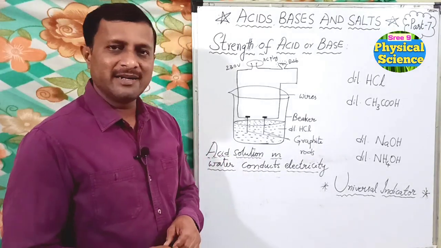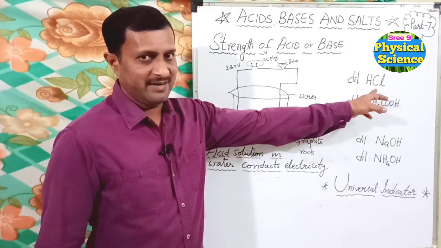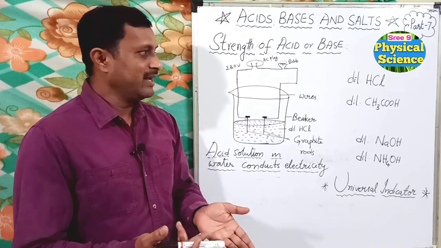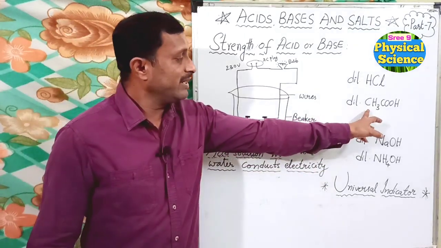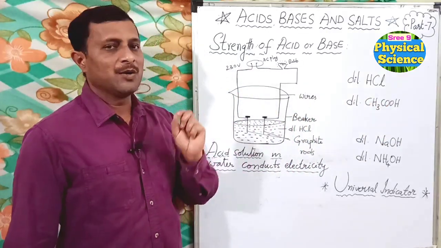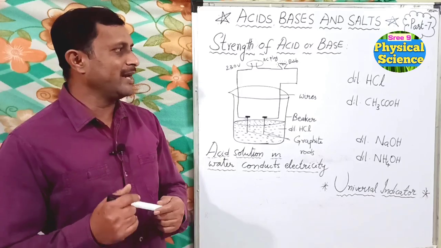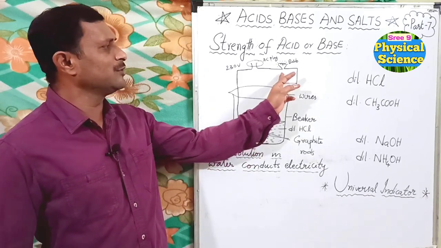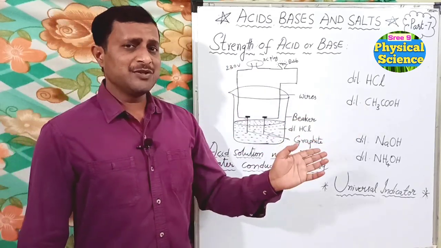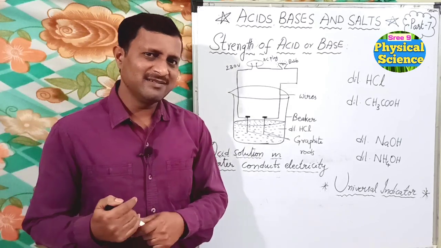But in the beaker in which dilute hydrochloric acid is taken, the bulb glows with more brightness, whereas in the beaker with acetic acid, the bulb glows with less intensity. So in dilute hydrochloric acid solution the bulb glows with more brightness, whereas in acetic acid solution the brightness of the bulb is less. What does it mean?